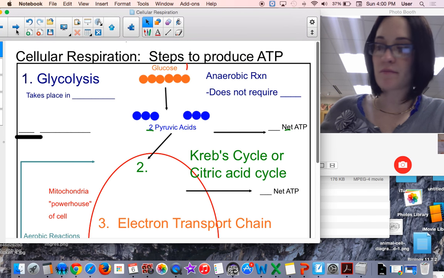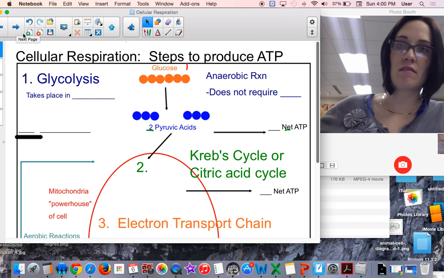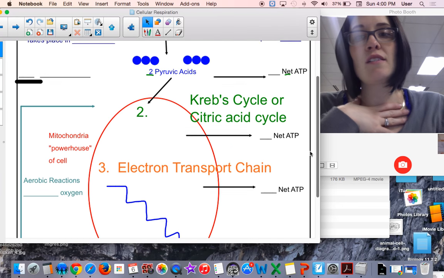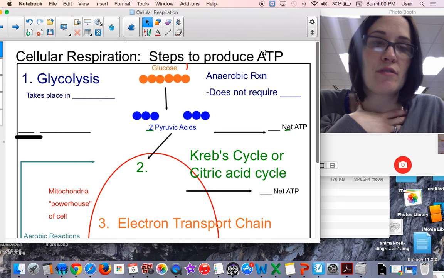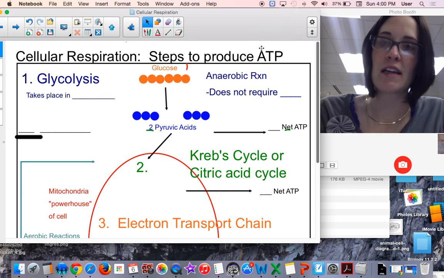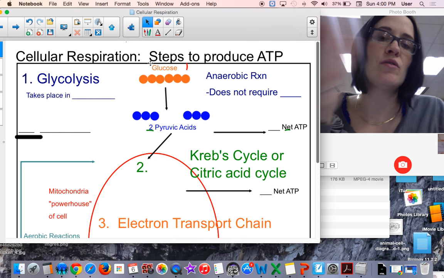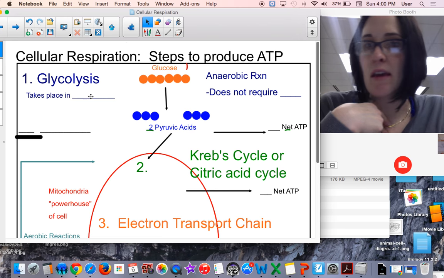Moving on. Here is an example of how your cells extract the energy from glucose. Okay, so I'm taking this glucose, this wonderful red Skittle. I'm not going to eat it this time. Okay, how does my body actually convert that up here to ATP?